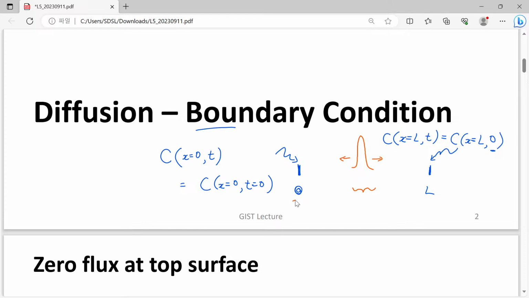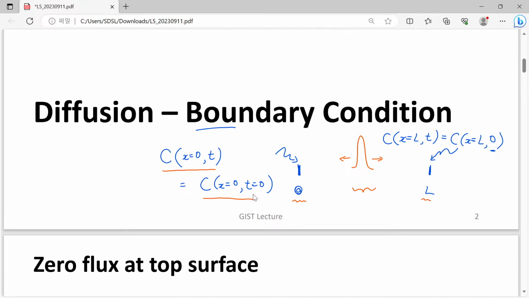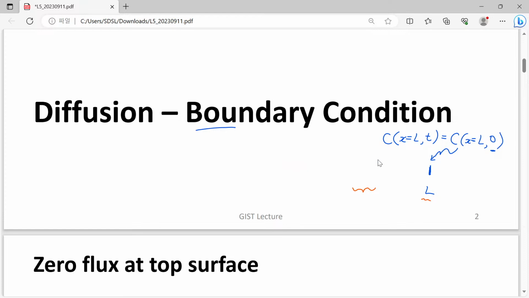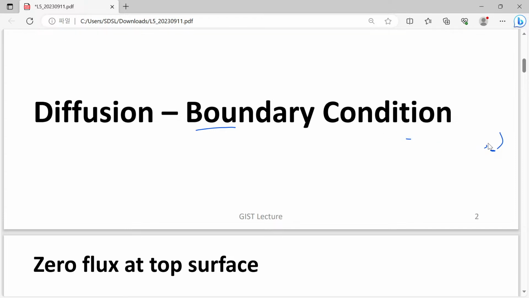However, the boundaries are far from the center of our dopant profile, so it is always good to assume this kind of thing. However, think about a more realistic situation. The more realistic situation is we have a relatively thick system called wafer.